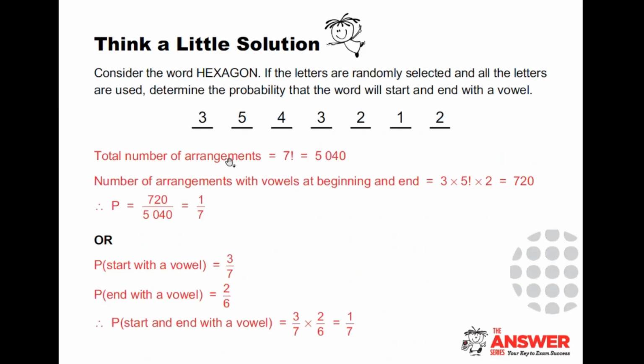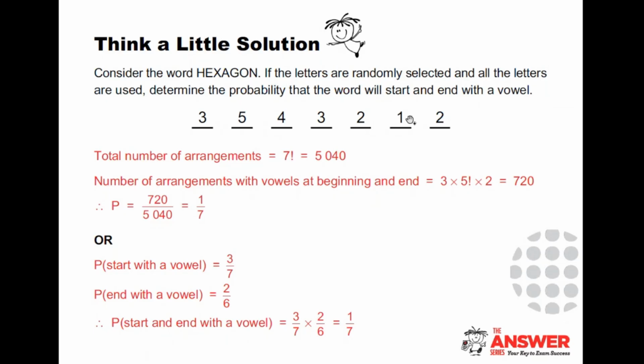So the total number of arrangements is 7 factorial. Vowel at the beginning and the end. So it's 3 in the beginning, 2 in the end. So it's 1 letter out of E, A, and O, and another one out of whatever's left that I didn't choose in the beginning. How many letters are left? Well, there's 7 letters in hexagon. I've used 2 already, so now I've got 5 left.